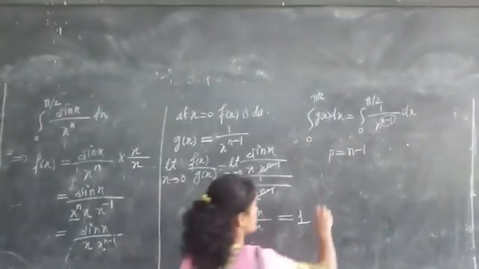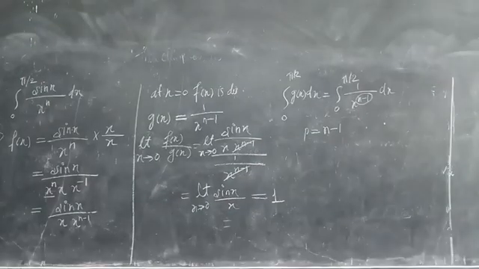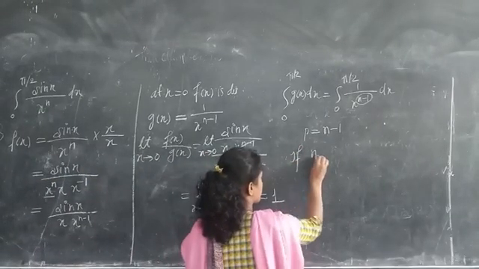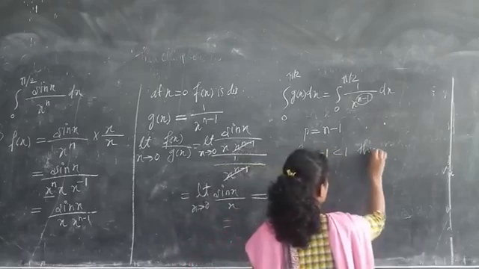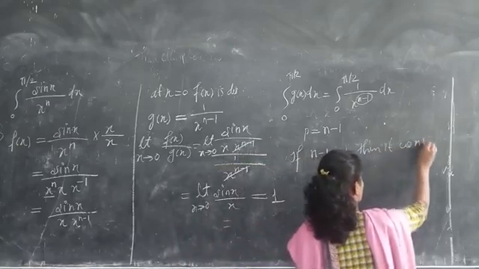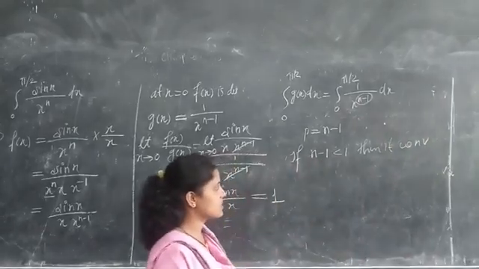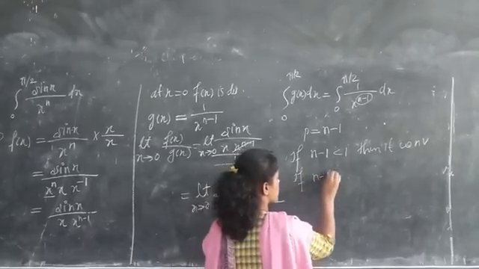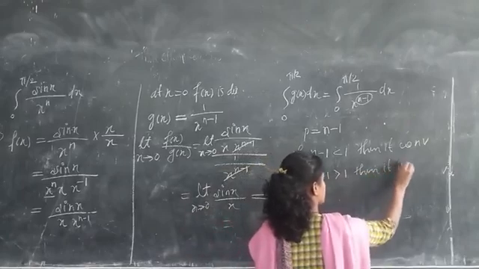In general we can prove it. P is equal to n minus 1. If n minus 1 is less than 1, then it is convergent. And if n minus 1 is greater than 1, then it is divergent.